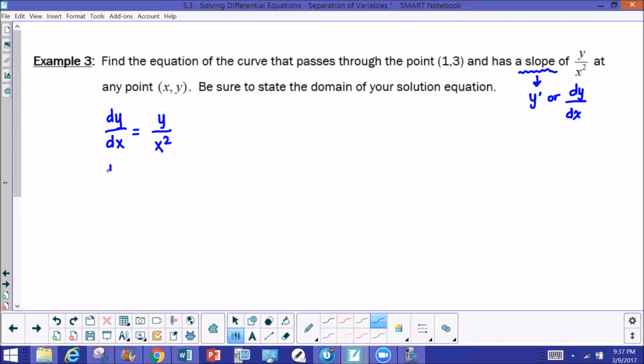So very quickly, we then divide both sides by y, and multiply both sides by dx. So we still have this 1 over x squared on the right with the dx. Now our next maneuver will be to take the antiderivative of both sides.